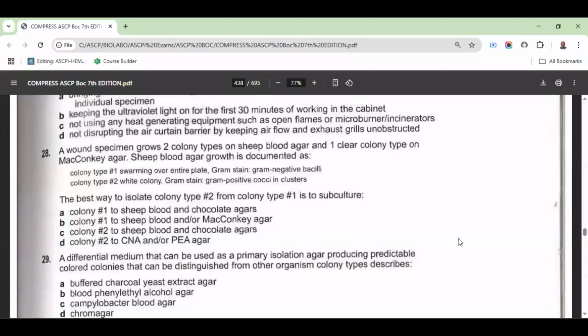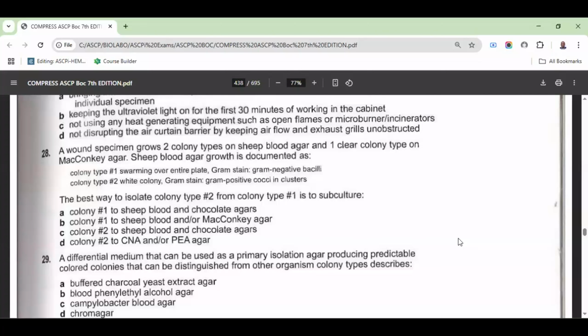We are subculturing from blood agar to another colony. So for this one, D is the best, because CNA, first of all, is going to help us identify those gram-positive cocci in clusters, and even PEA can also do it. And PEA is also useful for Proteus, the same thing.